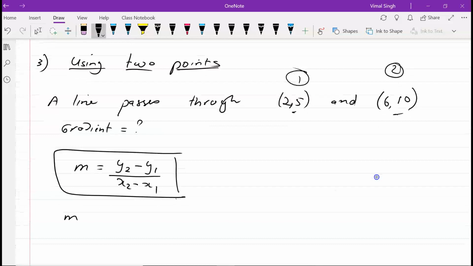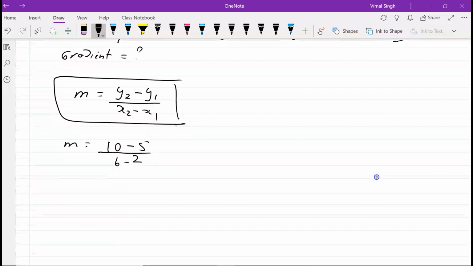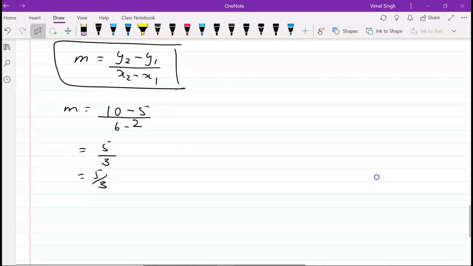So the gradient now becomes 10 minus 5 divided by 6 minus 2. 10 minus 5 is going to be 5, and 6 minus 2 is going to be 3. So the gradient is 5 over 3. Okay, so I found the gradient.